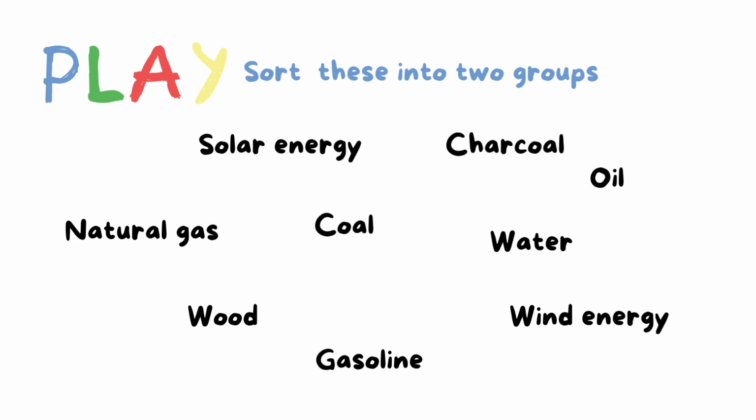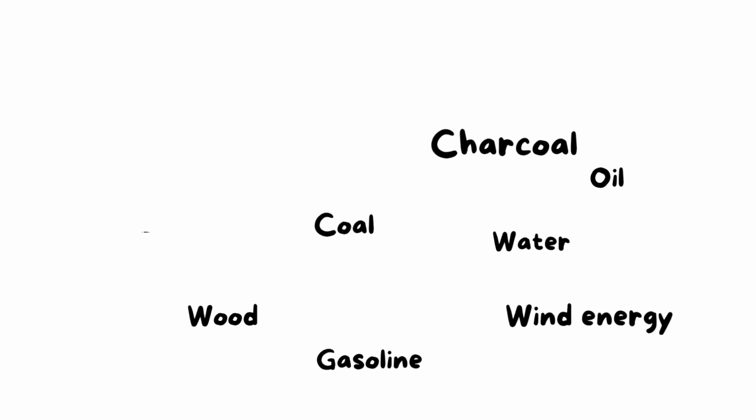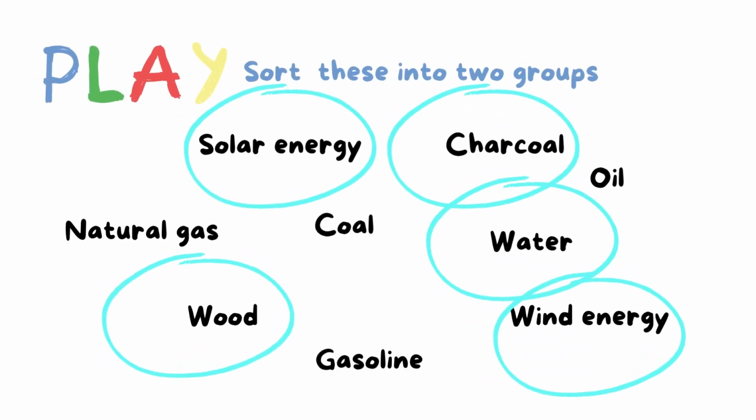As the renewable resources, like what? Solar energy, and charcoal, because it's made from wood, and wood is biofuel, which is a renewable resource of energy. Also we have water, wood, and wind energy.